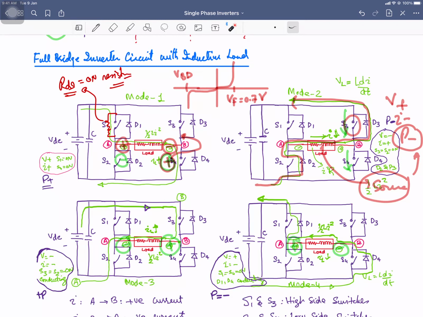And over here all of them are 0, this one, this one, this one and this one, no switch is conducting. And over here this switch is on, this switch is on, this one is off and this one is off, right? And in this mode of operation all the switches are 0, only the diodes are conducting.